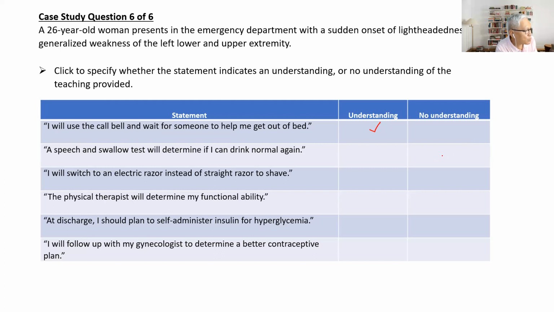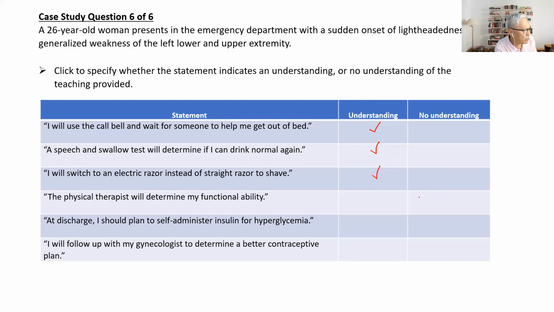A speech and swallow test will determine if I can drink normal again. Yes, this is an understanding, because before we give anything to the patient, the speech pathologist would have to do a swallow test. I will switch to an electric razor. This is also going to be understanding because of the fibrinolytic therapy that was given.